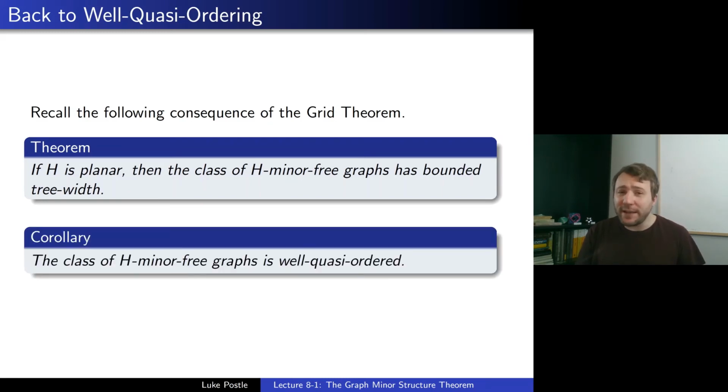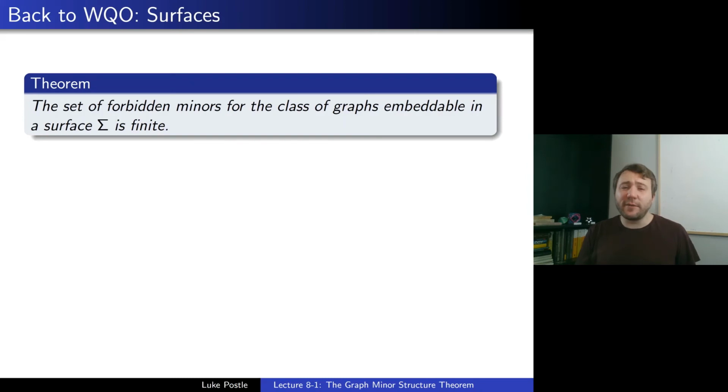So we get that the class of H-minor-free graphs is well quasi-ordered, if H is planar. So if H is planar, we've really done the well quasi-ordering just from the grid theorem, and now we want to do it in general.